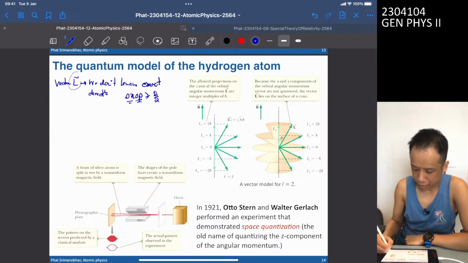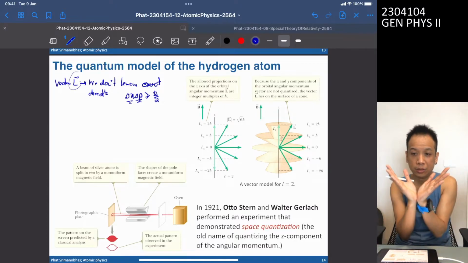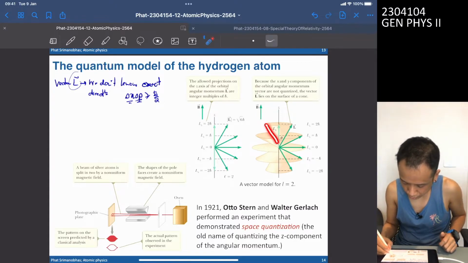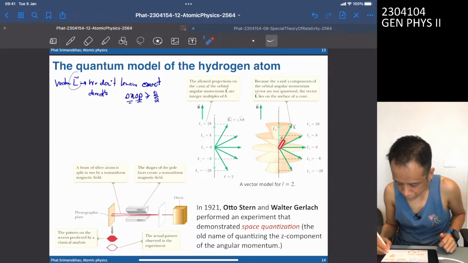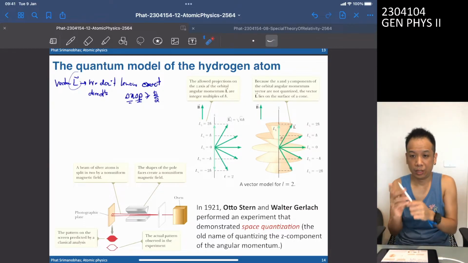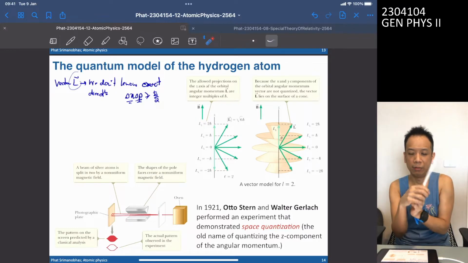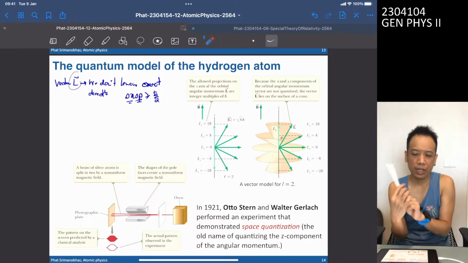So you can imagine that you have a cone, and you place L on the side of the cone, and it can go in every direction.